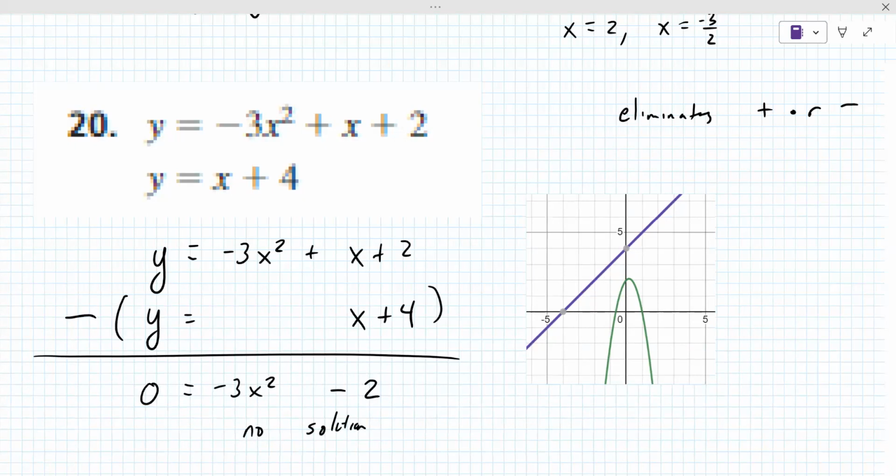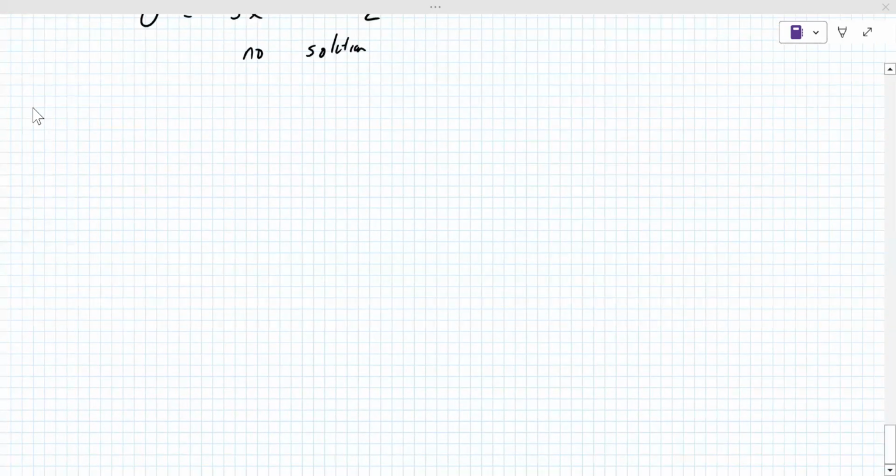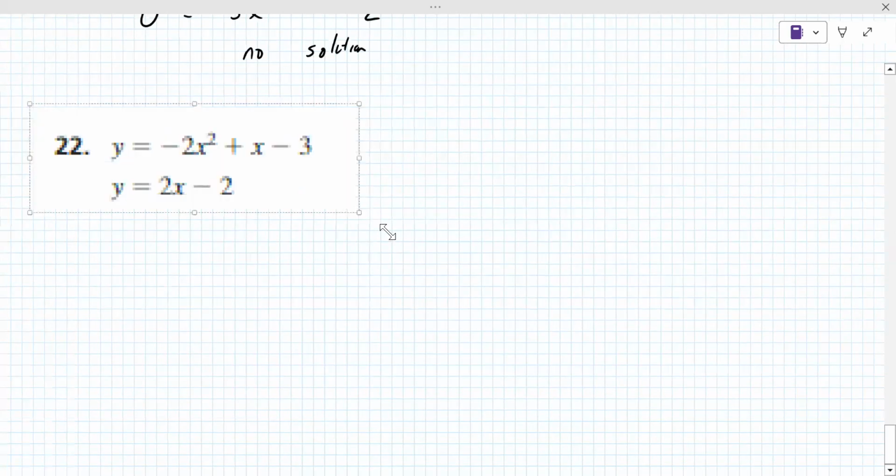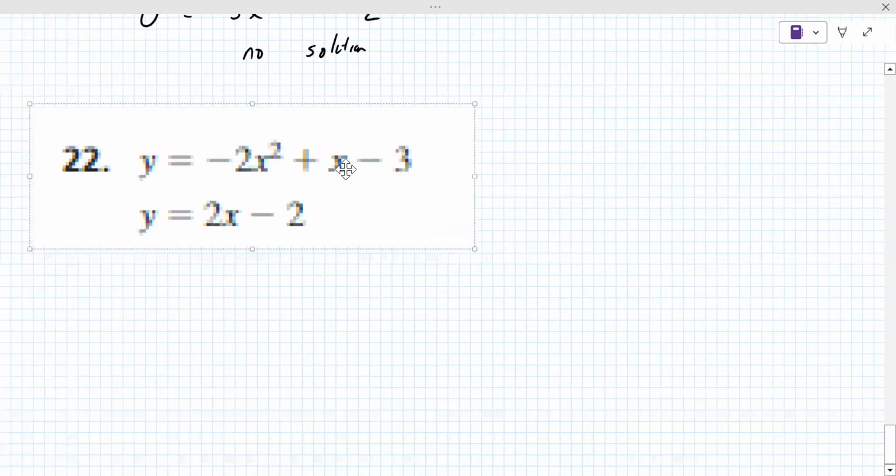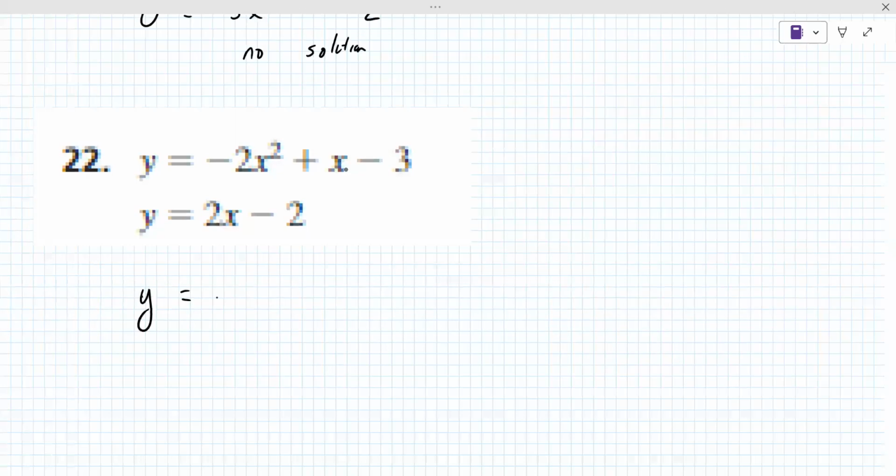So let's look at 22. Okay. Let me grab 22. All right. So again, you have to add and subtract the equations.